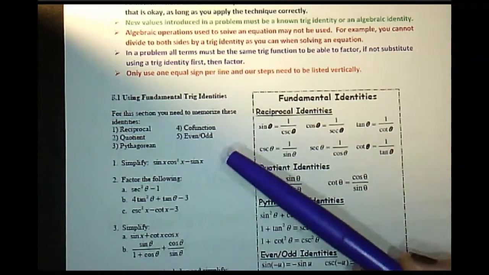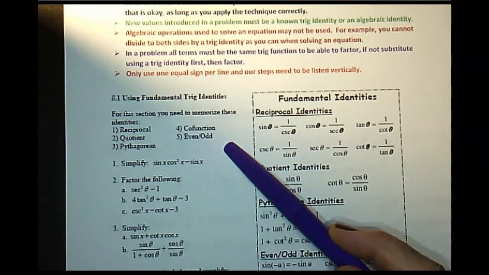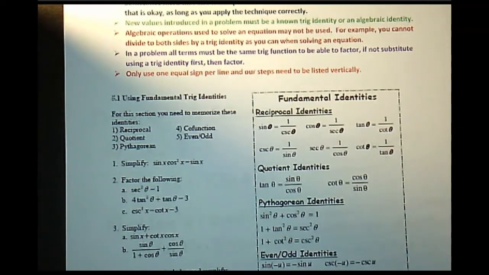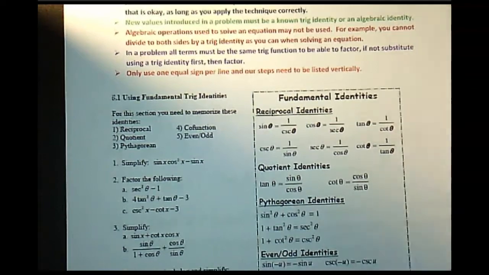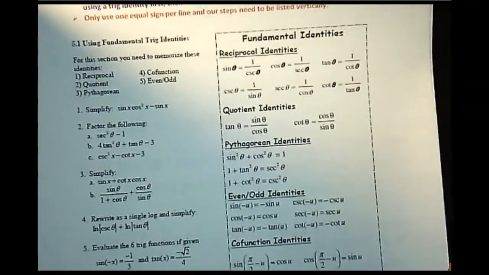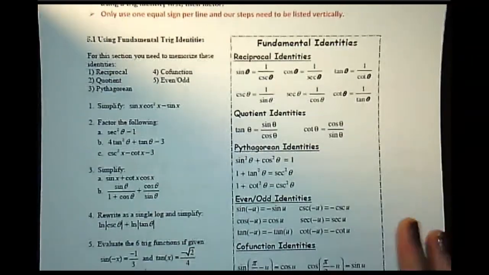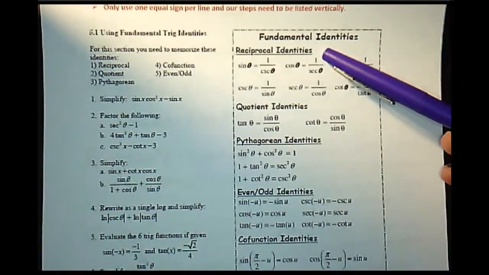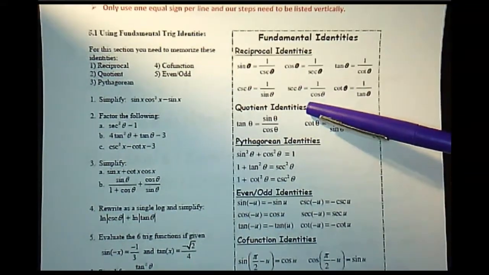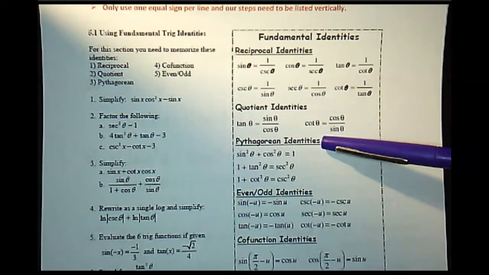Here are the notes that you will see in the note sheet that's attached online. We have a section right here where it says for this section you need to memorize these identities. That's the reciprocal and the quotient. I took a screenshot of that part of the help sheet that I told you you had. You should already have the reciprocal and quotient identities memorized from what we did in chapter 4, as well as the Pythagorean identities.